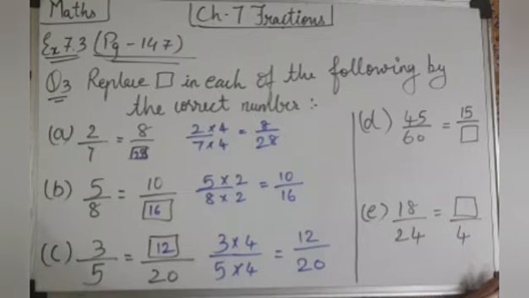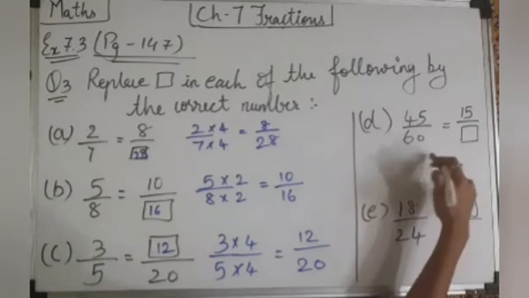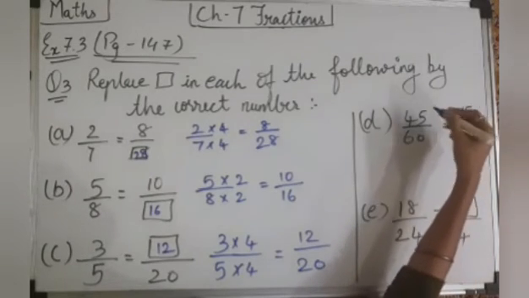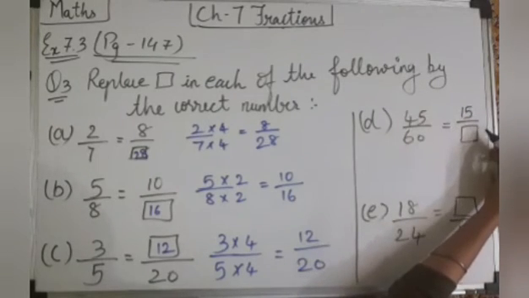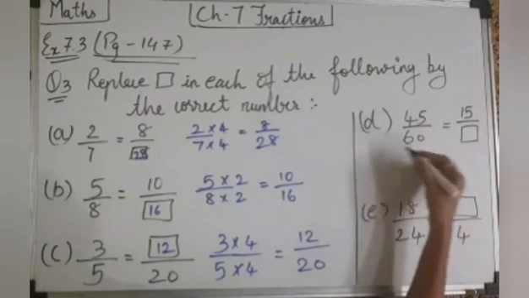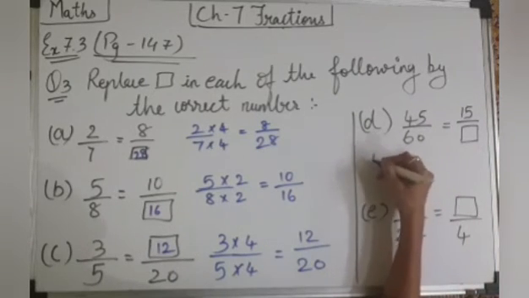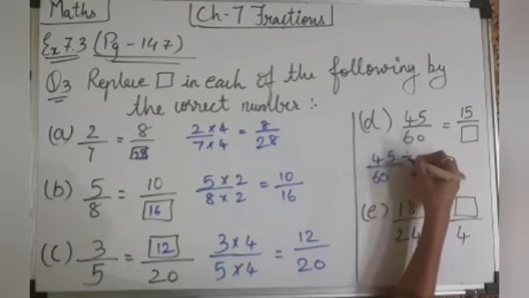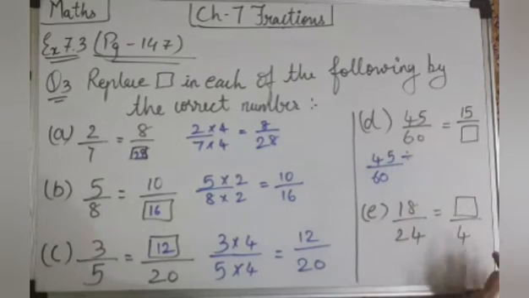But in D what is there? 45 upon 60 is equal to 15 upon dash. So from the bigger number we have to convert into the smaller number. So what will we do here? We will divide. Right? By which number will we divide? So you will get 15.